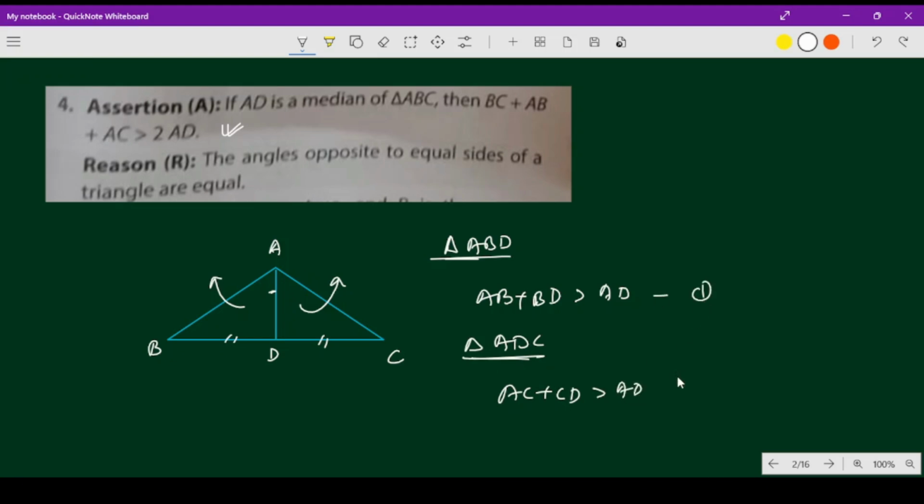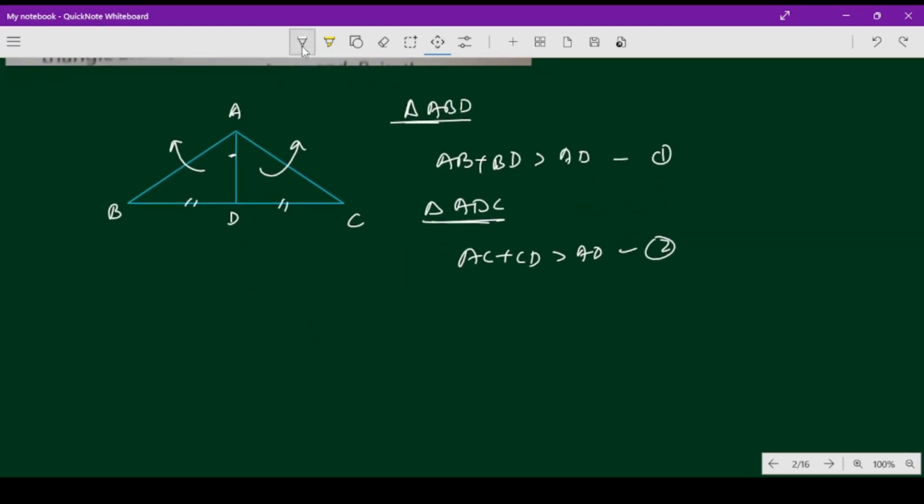If we add both of these inequalities, then we find that AB plus BD plus AC plus CD is bigger than AD plus AD.